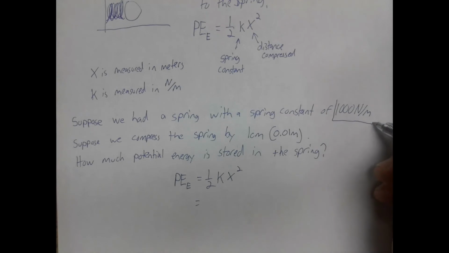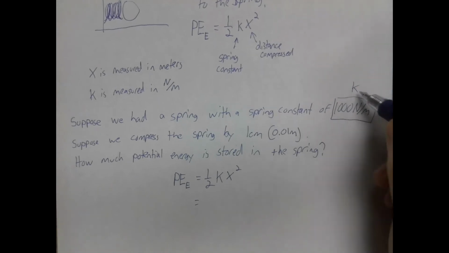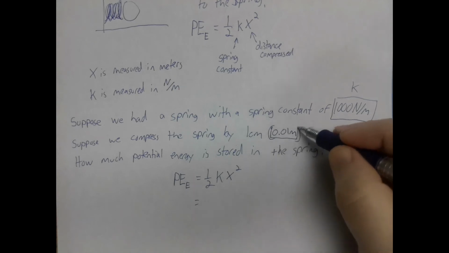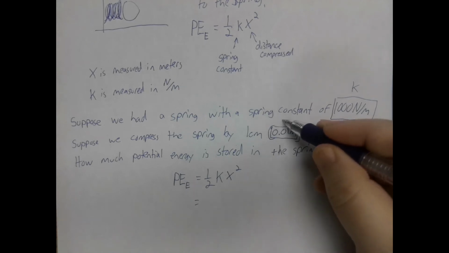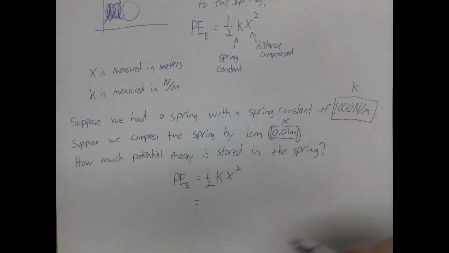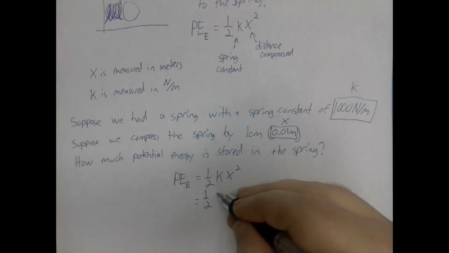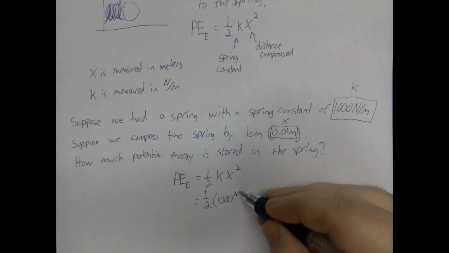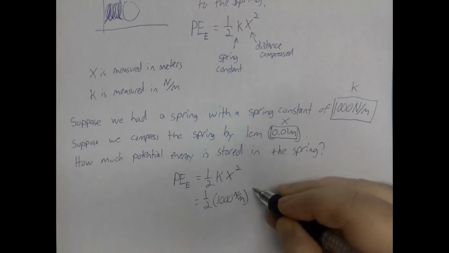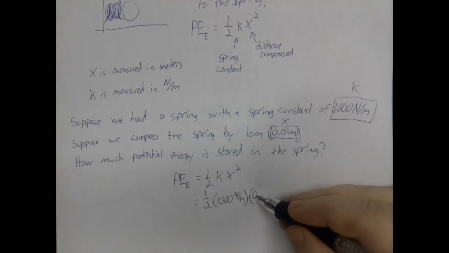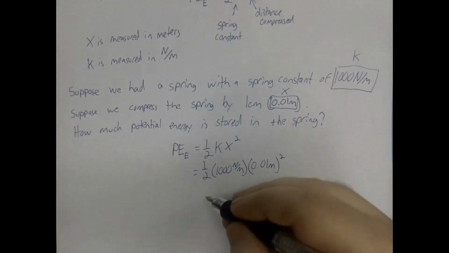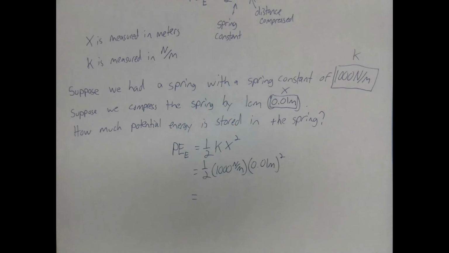So this is our K. And we're not going to use centimeters, we're going to use the meter version of this. So this is our X. So 1/2 times 1,000 Newton meters times 0.01 meters squared. I'm putting units in case you're curious how the units come out.